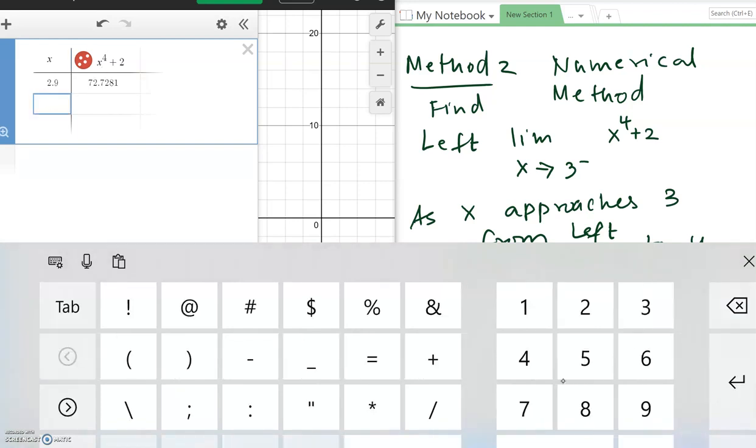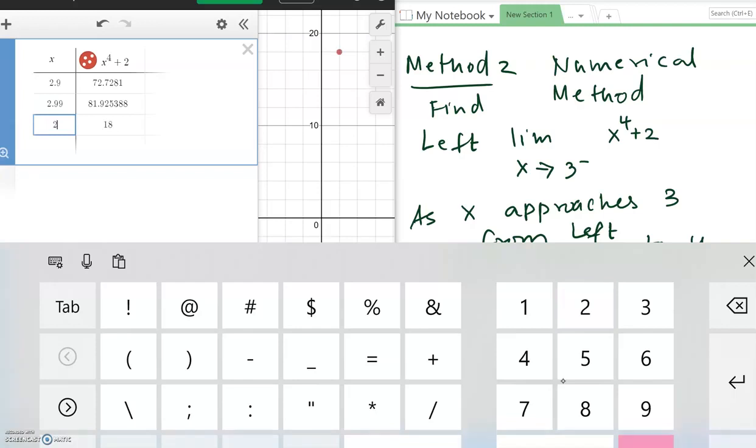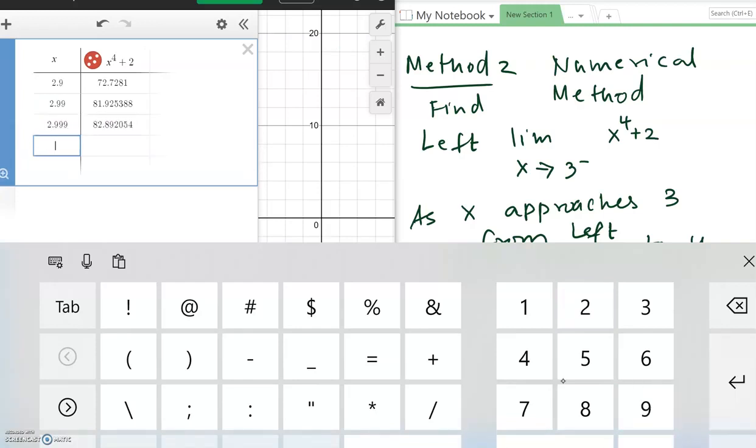So 2.9 gives 72. We're going to get even closer to 3. So 2.99, and then the next number will be 2.999, 2.9999. Right? So we can see a pattern emerging. And then the y values are going towards 82.99. So it's actually approaching 83.